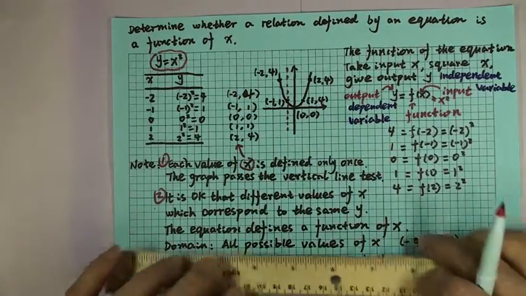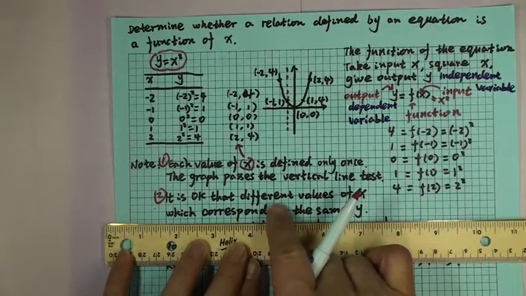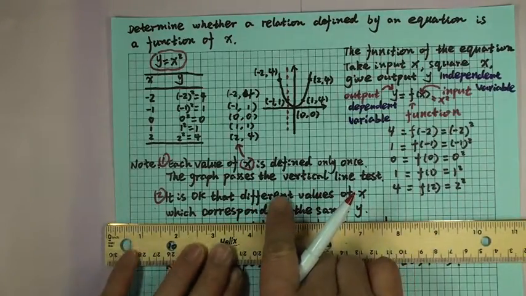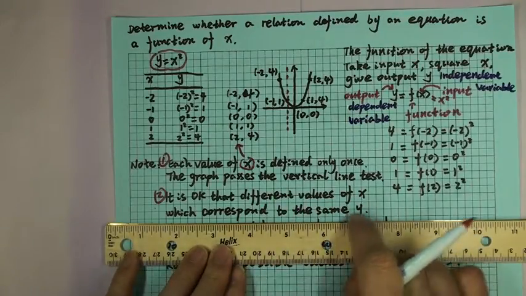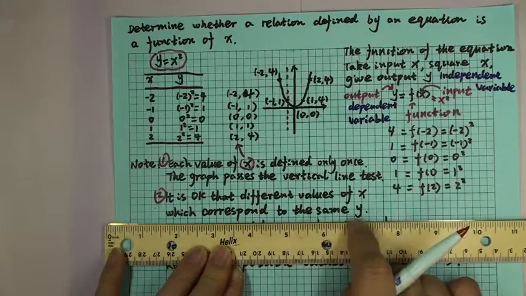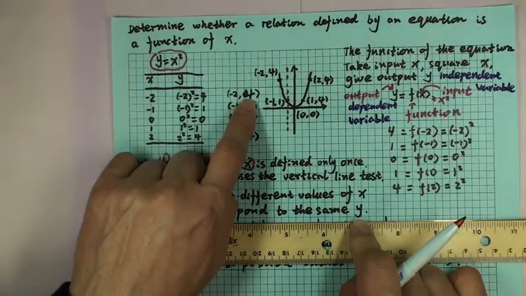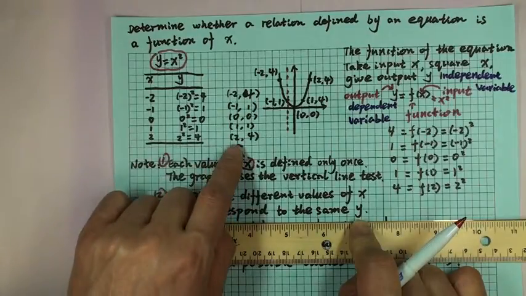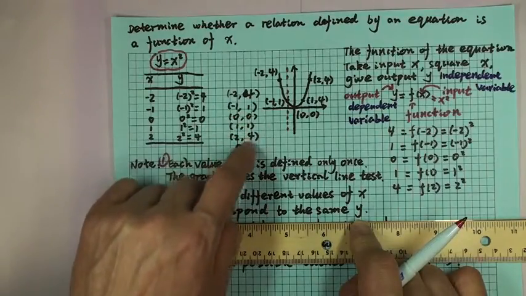But here we say it is okay that different values of x correspond to the same y. So you see -2 corresponds to the 4. Another different value, 2, also corresponds to the same 4.